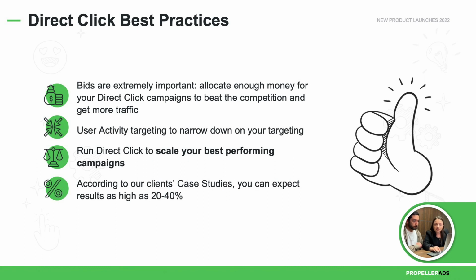We had some questions here. What verticals convert well with direct click? Actually, all of them. I couldn't say there is one vertical that only works with direct click, because basically direct click is top converting traffic. So I would recommend you just give it a try and test.